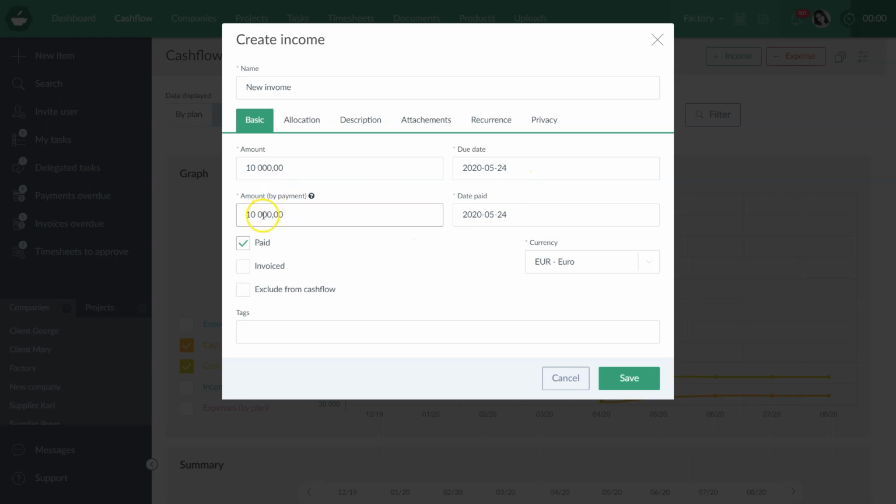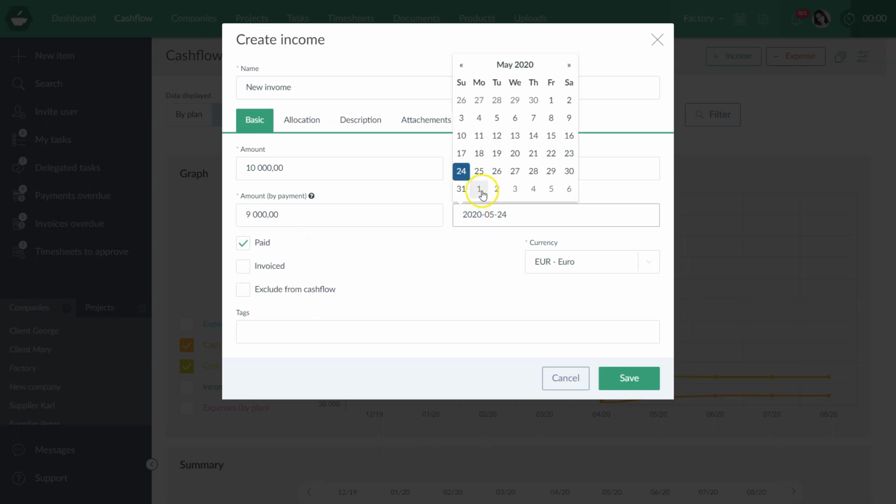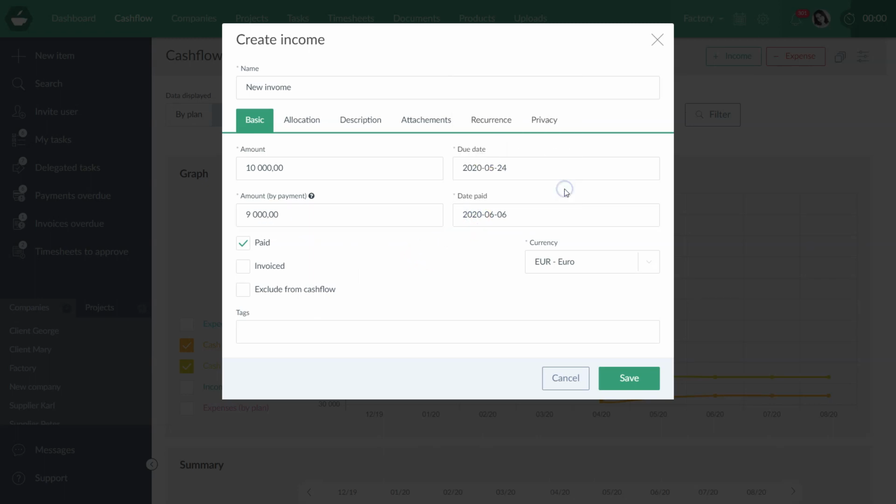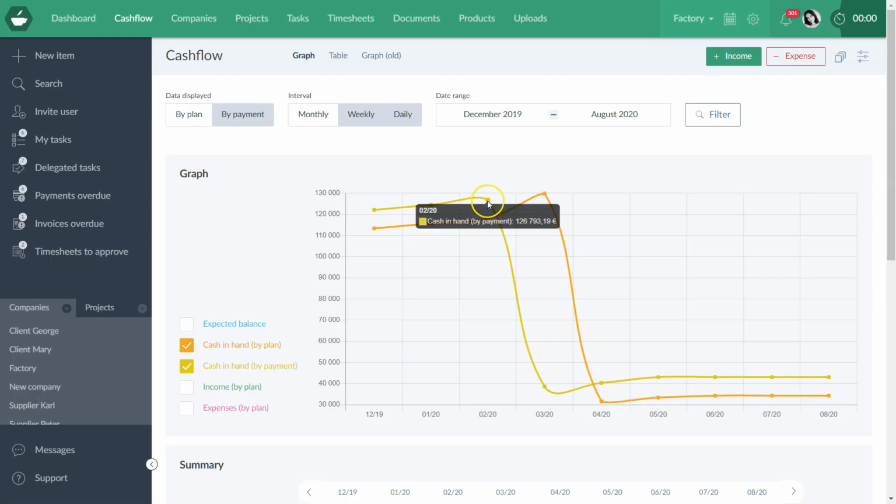Say you planned for 10,000 euro on the 24th of May, and at the end you get only 9,000, and it actually gets paid a couple weeks later, it will show on the graph. And this is what you see here. The plan was that here in March you get so much money.